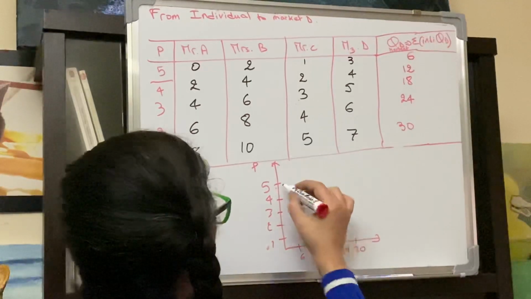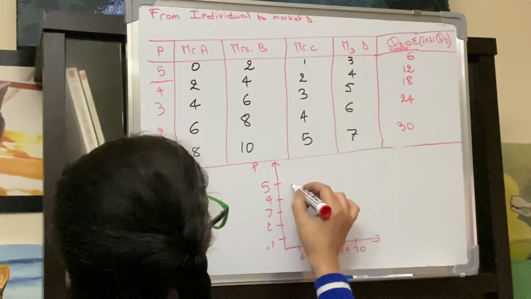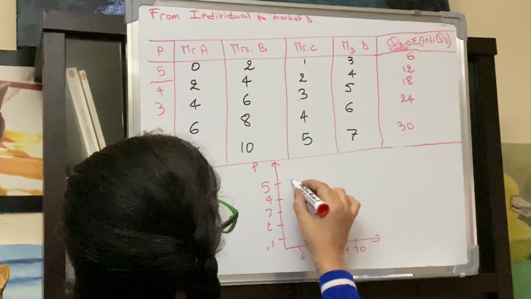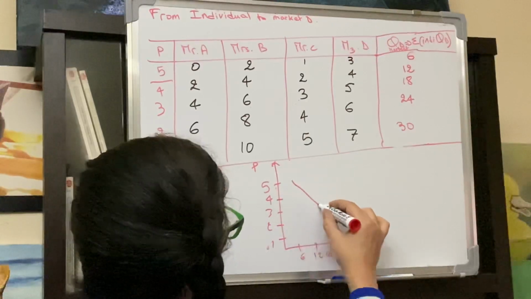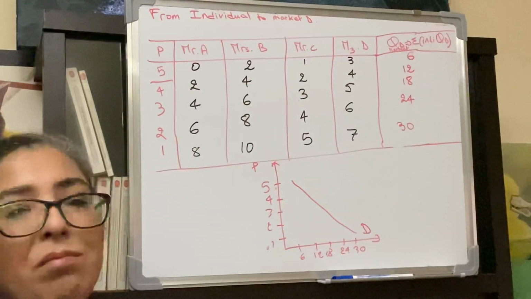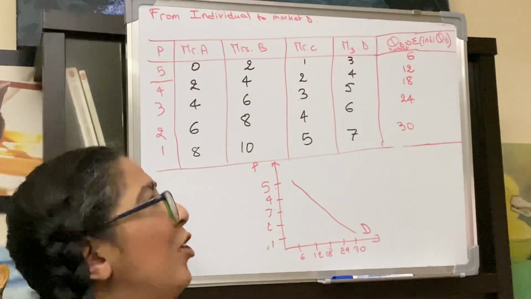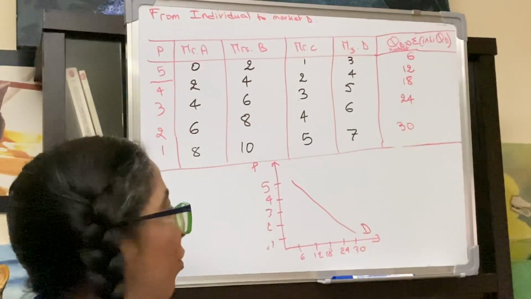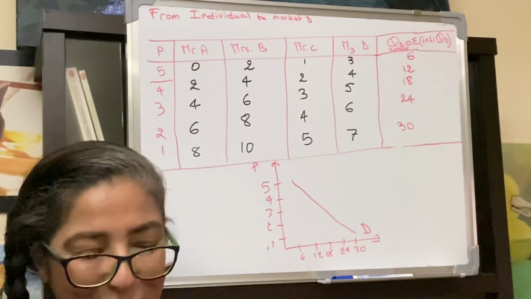Yeah, 6 times 5. That would be my market demand. Well, normally it's going to be a straight line, but I don't want to waste time with this.